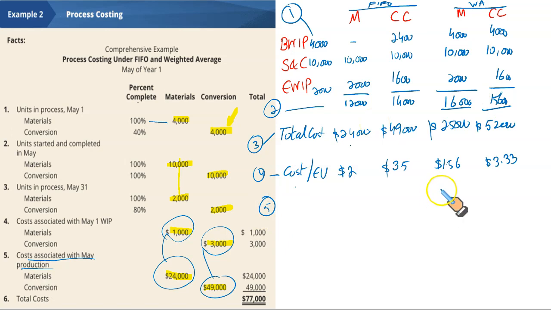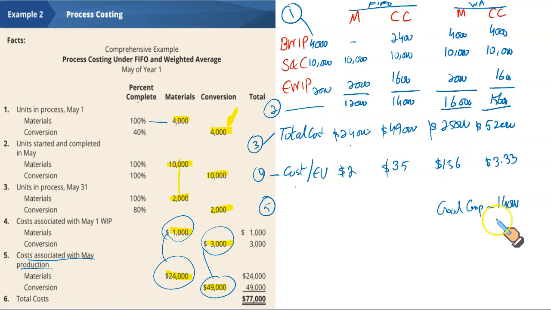Under the weighted average method, how many units did we complete during the period plus the previous period? We completed a total of 14,000 units, right? 4,000 in the beginning work in process and 10,000 started and completed. So if we want to calculate the value of goods completed, there are 16,000 units in EUPs, but out of this 14,000 were completed during the current period.